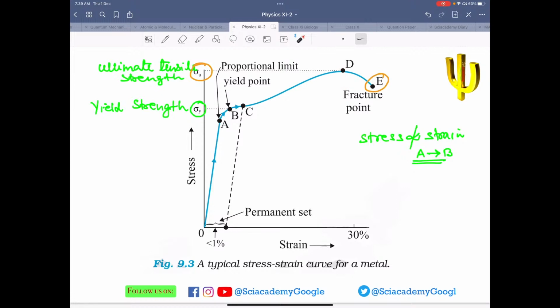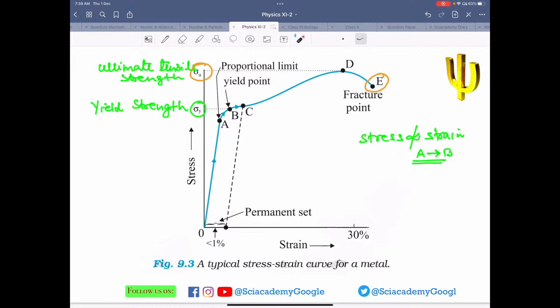That means you have already applied enough stress, and even if you are reducing the stress, there is still a change in the strain. That means the body is going to the next level, that is, it becomes fractured, and this point E is known as the fracture point.